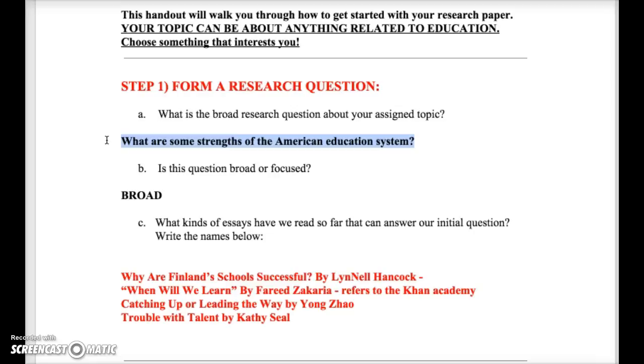Because I was feeling a little bit glum about learning about all of the weaknesses and the problems, so I want to be focusing on something positive for my research paper. However, I have to look at this question carefully. Can I write about this in 5 pages? No. This question is too broad. So I'm going to have to narrow it down and focus it.